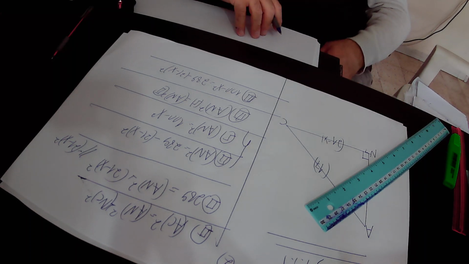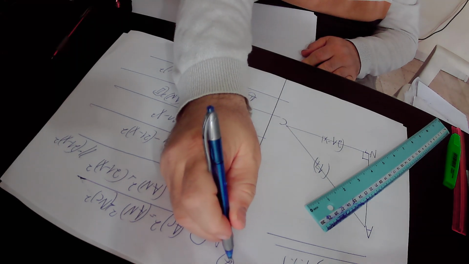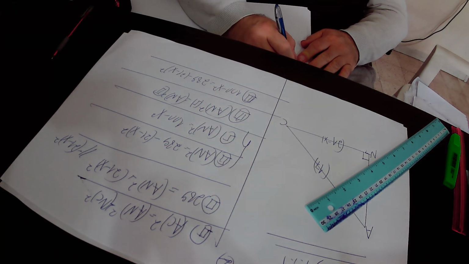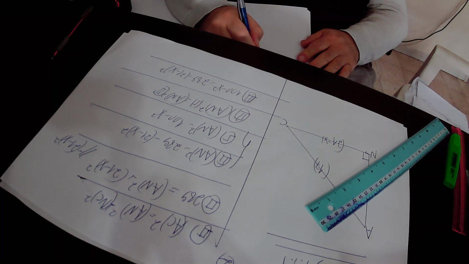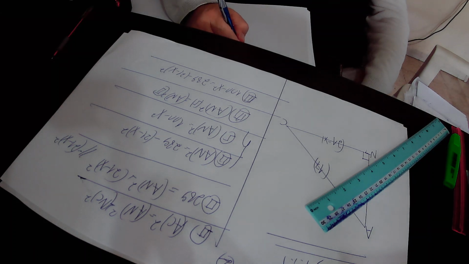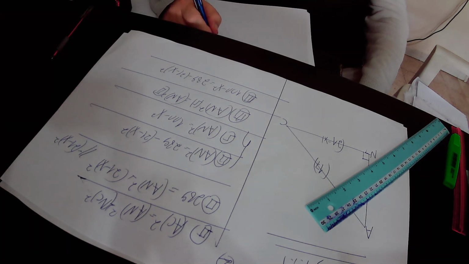So according to equation 3, we found out that 100 minus x squared equals 289 minus, here we have (21 minus x) squared, and (21 minus x) squared equals 21 squared, that is 441, plus x squared minus 2 times 21 times x, that is minus 42x.